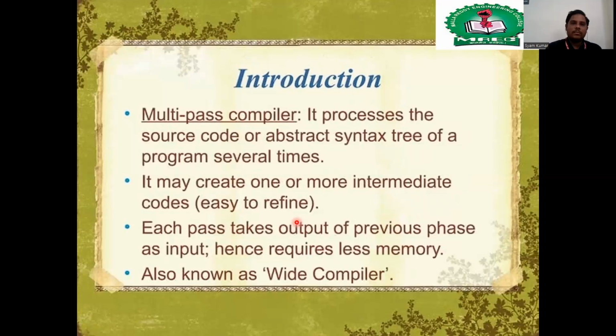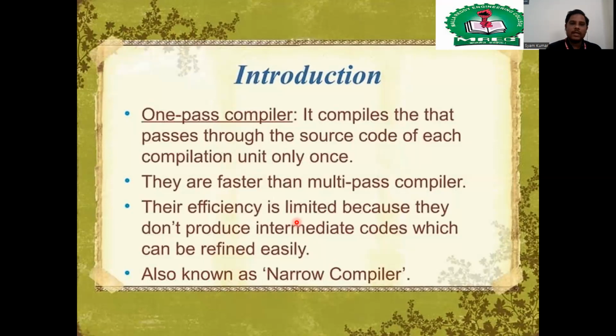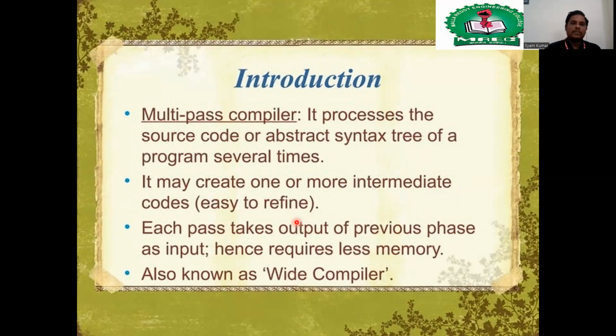Coming to the multi-pass compiler, there are two compilers I told you, one pass compiler and the second one is multi-pass compiler. It processes the source code or abstract syntax tree of a program several times. It may create one or more intermediate codes.